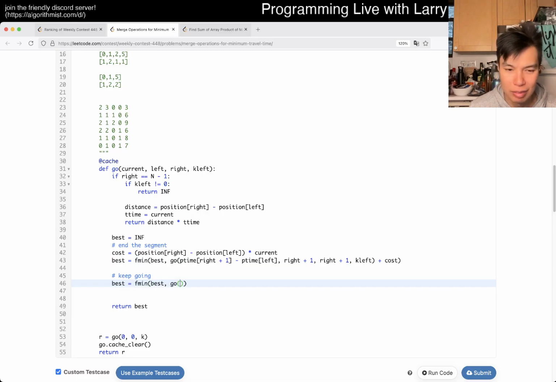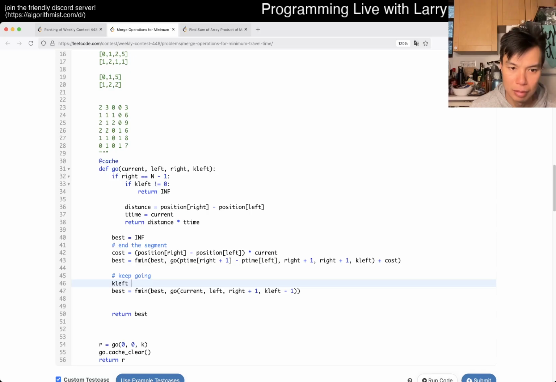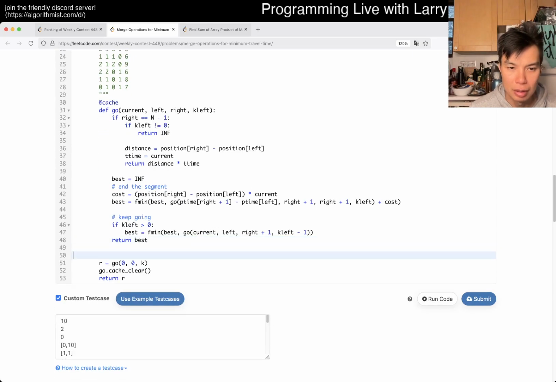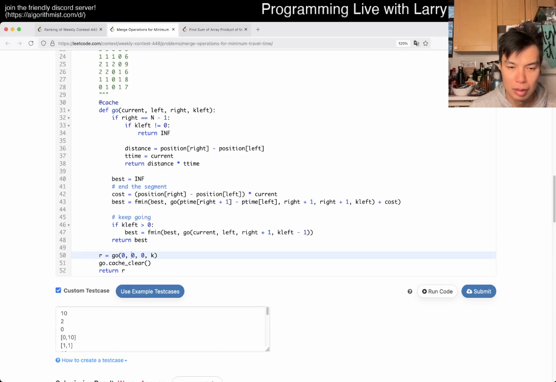So okay, something like this, go. The current shouldn't change, so it's just current, and then left, right +1, k left -1, and there's no cost because we don't pay it yet. Right, so something like this. Okay, so then left is going to be 0, right?